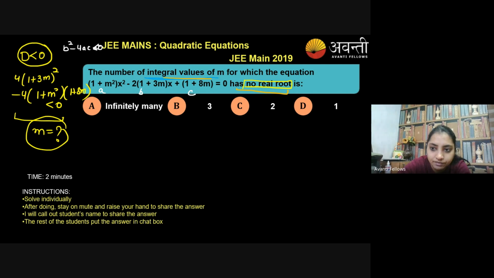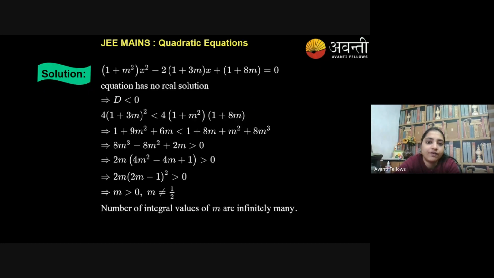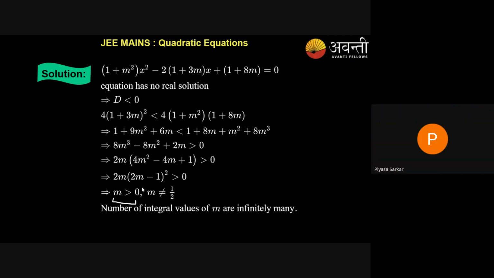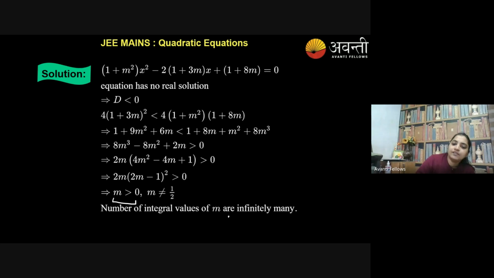Clear? So from here, I can calculate the values of m. When you solve this, you will get m is greater than 0. So if m is greater than 0, you can't count how many values of m are possible. So the answer should be infinite values.